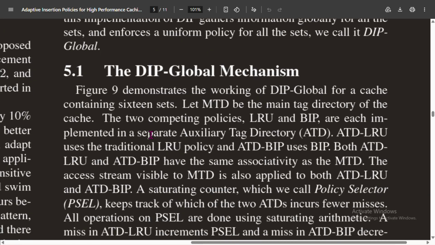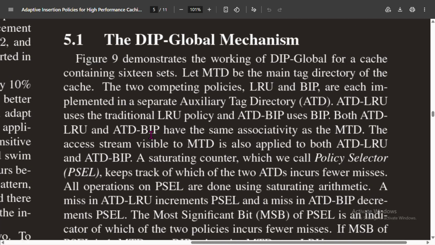The DIP global mechanism. Figure 9 demonstrates the working of DIP global for a cache containing 16 sets. Let MTD be the main tag directory of the cache. The two competing policies, LRU and BIP, are each implemented in a separate auxiliary tag directory.